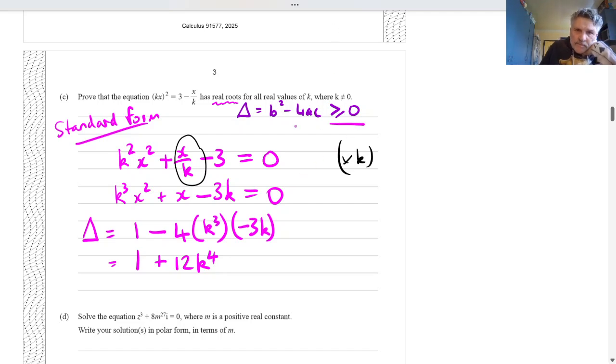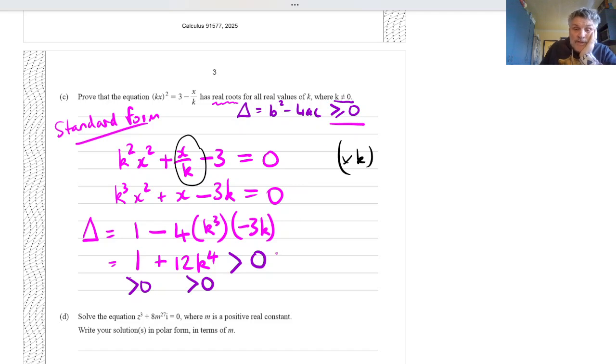So we can easily tell that 1's bigger than 0, isn't it? And if we've got an even power, we always get a positive answer, except when you have 0, we're not allowed 0. So this term here will also be bigger than 0. And that means this whole thing is bigger than 0, not just bigger than or equal to, it's actually bigger than 0.